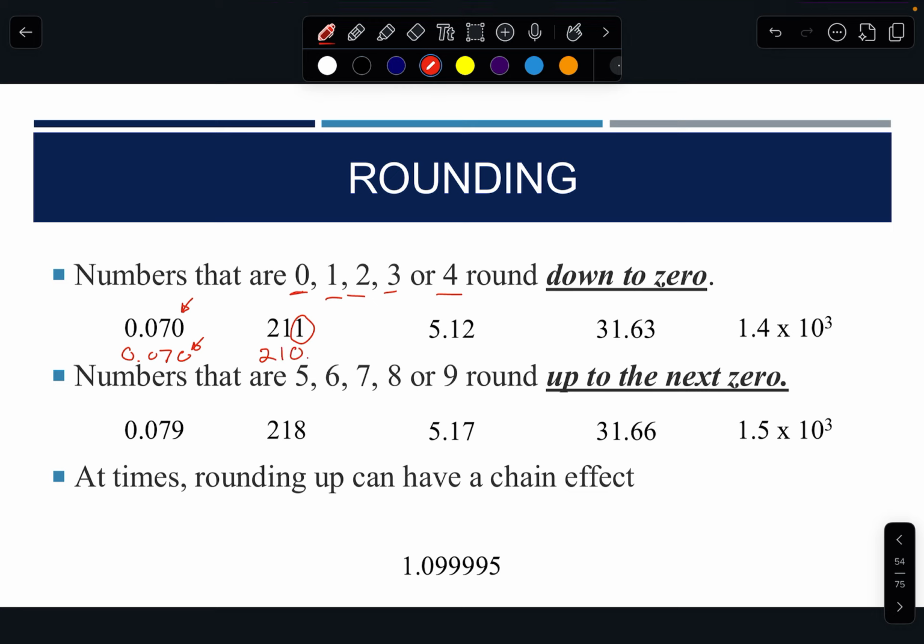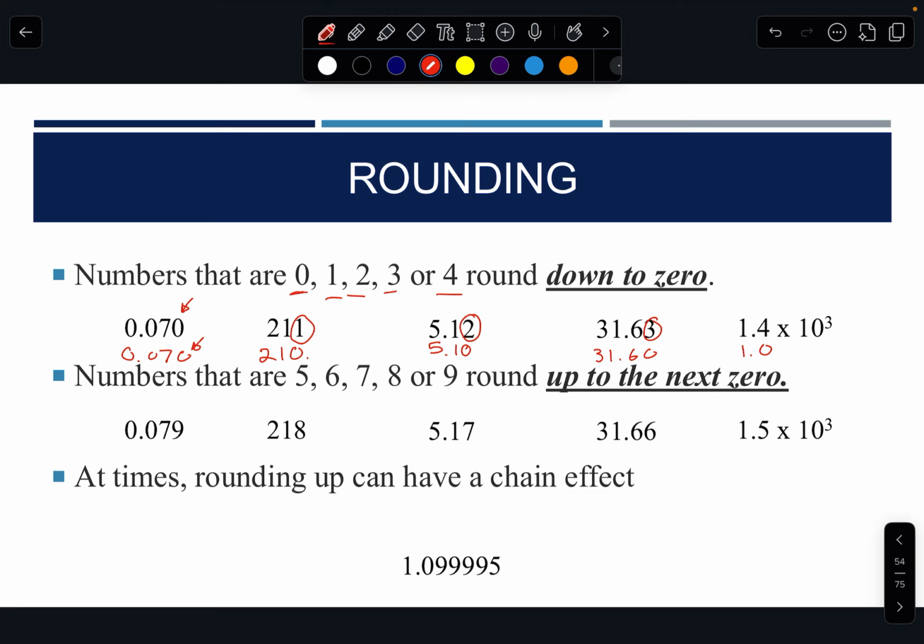And just for significant figures' sake, we'll put a decimal point there to show that we have a number that ends in 0, even though all of the numbers are to the left of the decimal place, and we have the same number of sig figs. For 5.12, this is our final number. We have 5.10. 31.63, this is our final number, so we have 31.60. For 1.4, we have 1.0. So it gets rounded down to 0.